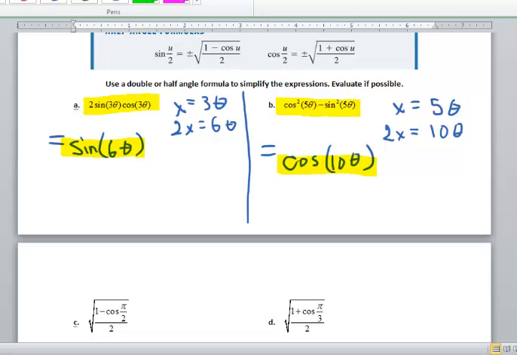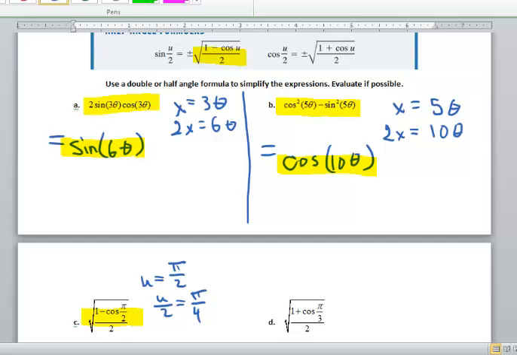Okay, so this one here, the square root of 1 minus cosine of pi over 2, all over 2, looks like this one. And again, the difference here is that the role of u is being played by pi over 2, which means that u over 2 is going to be pi over 2 over 2, which is really pi over 4.